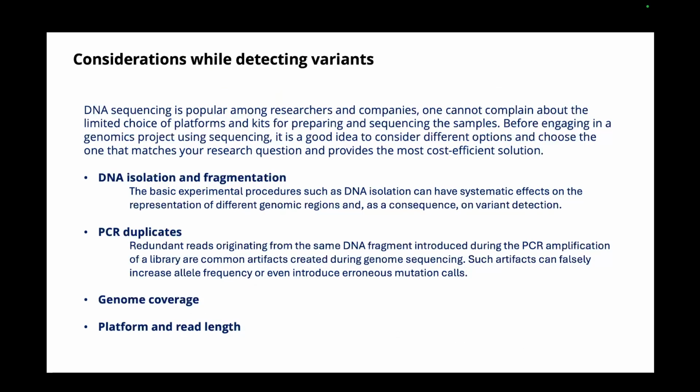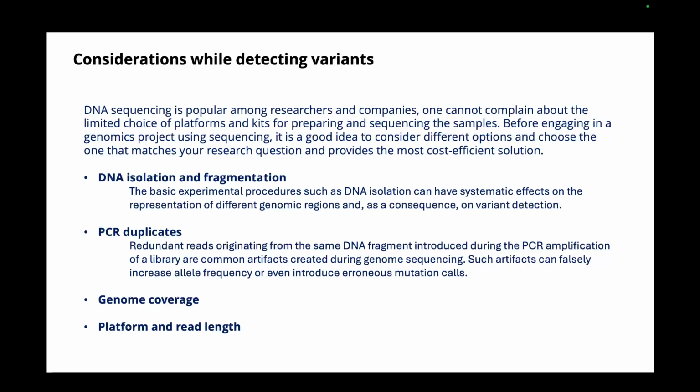So, the considerations we need to keep in mind while detecting variants. First is library isolation and fragmentation. How you do that has systematic effects on representation of different genomic regions and, as a consequence, on variant detection.